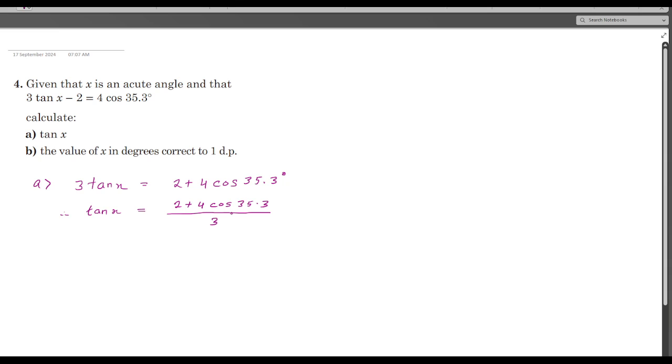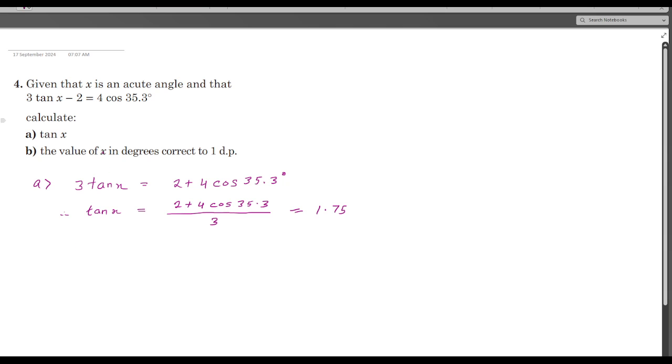So 2 plus 4 times cos of 35.3 whole divided by 3. So the result for tan x is equal to 1.75.